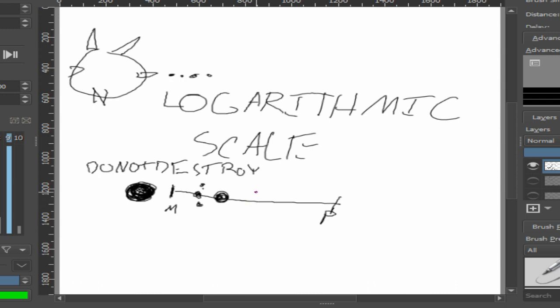So we have a first distance, run it through a logarithm, and multiply it by 100, so they're spread out, and that's how we get the distance between star and planet. But now we have another problem because the star is still scaled with the sun.